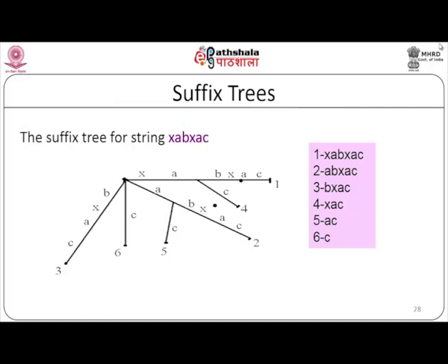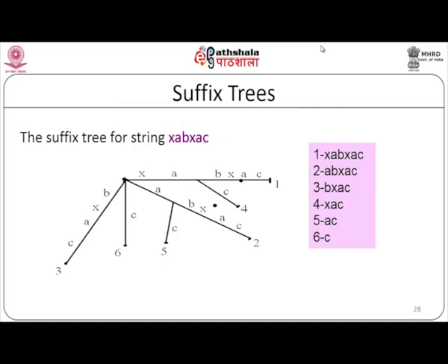So here you have the substrings XABXAC, ABXAC, BXAC, XAC, AC and C. You have XAB and XAC, and since XA is common in the later part, you have XAC coming from there itself.